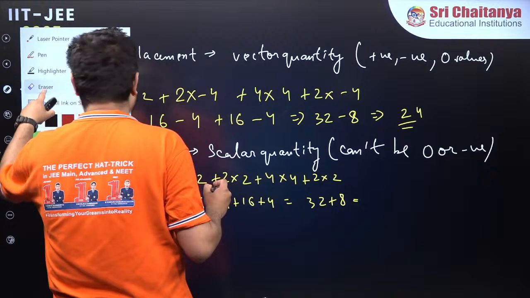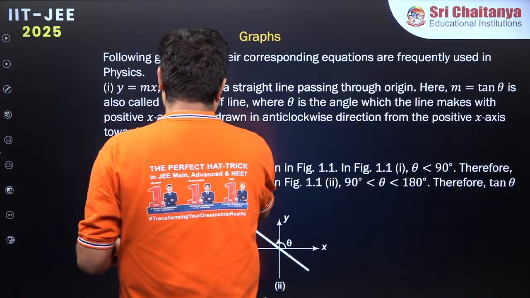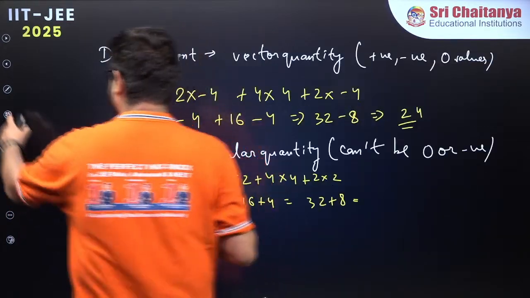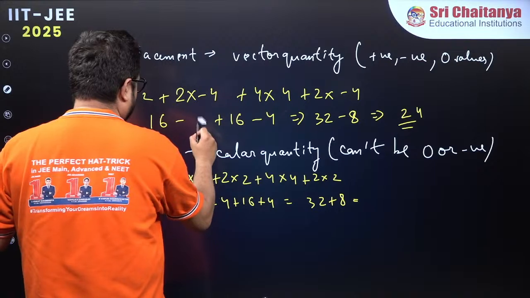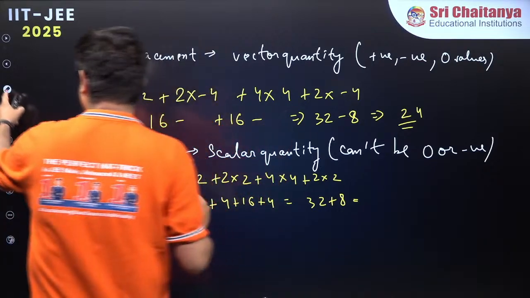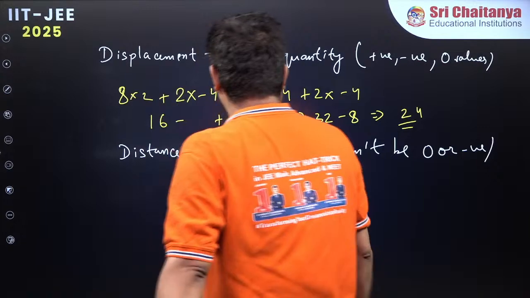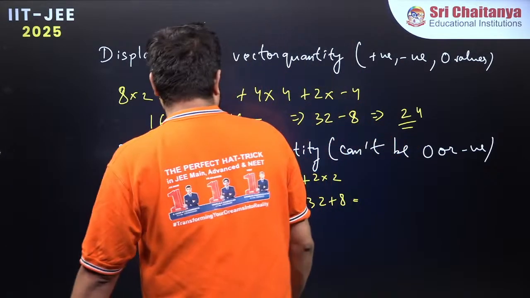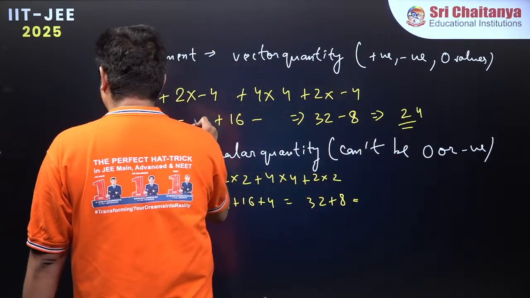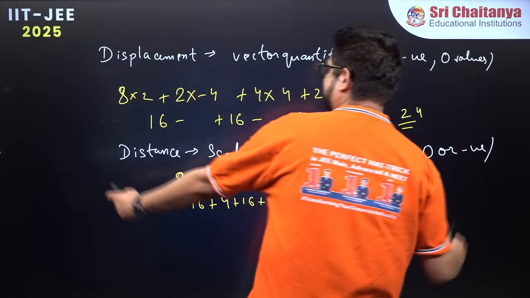So as a result of that, I will be getting 16. What will I be getting, everyone? Do the calculation. 16. Right? 16 plus 16, minus of this is going to be minus of 8, isn't it?